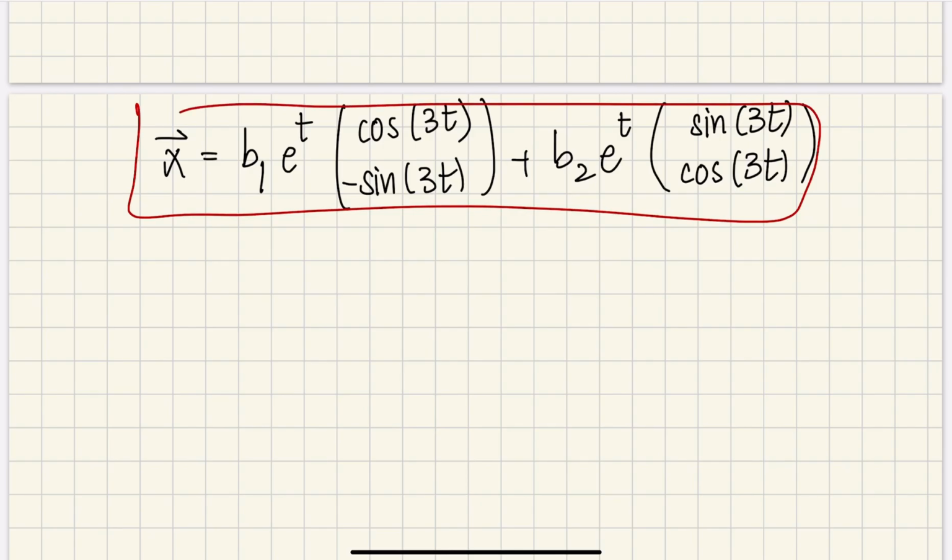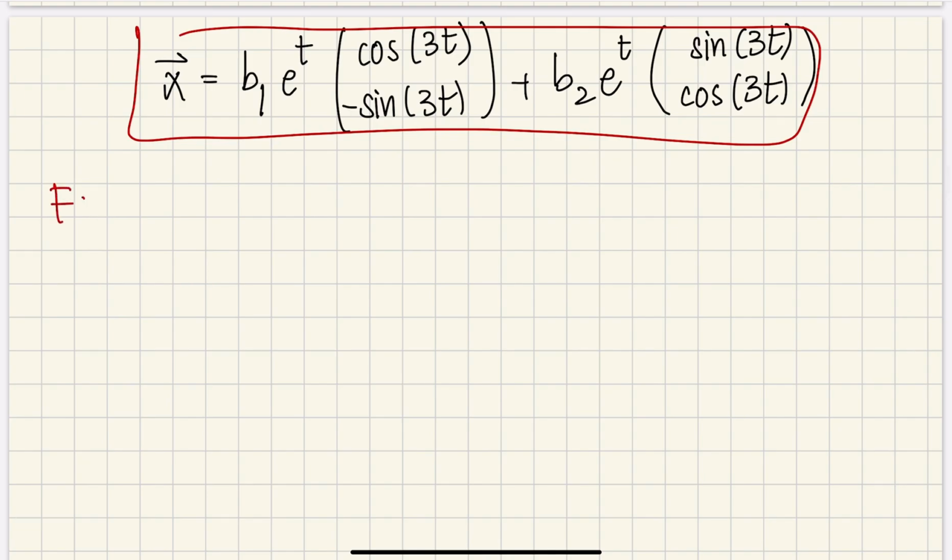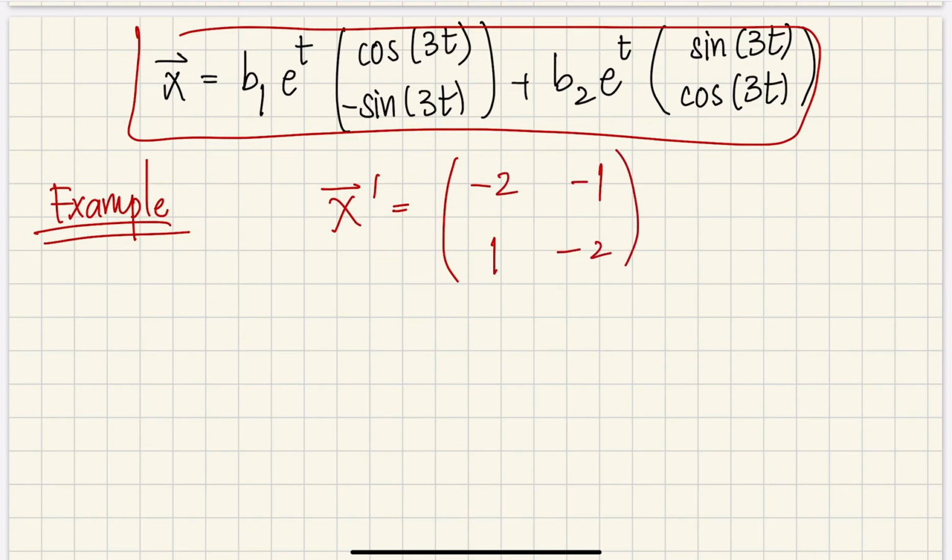Let's see another example. We'll do this one a bit quicker. Let's say we have this system. Again, our assumed form of the solution is this.